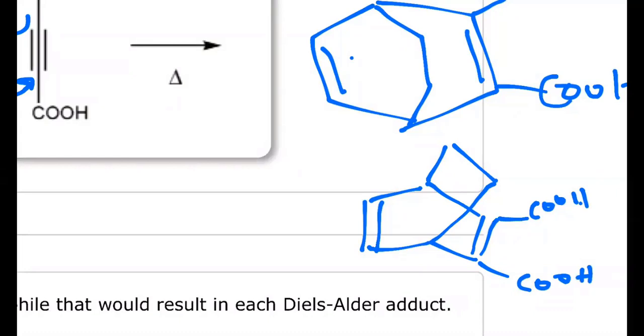Those bridge carbons are always going to be pointed up out of the way. But we really didn't get into the 3D aspect of the Diels-Alder because we're pressed for time right now, so we've got to keep rolling.